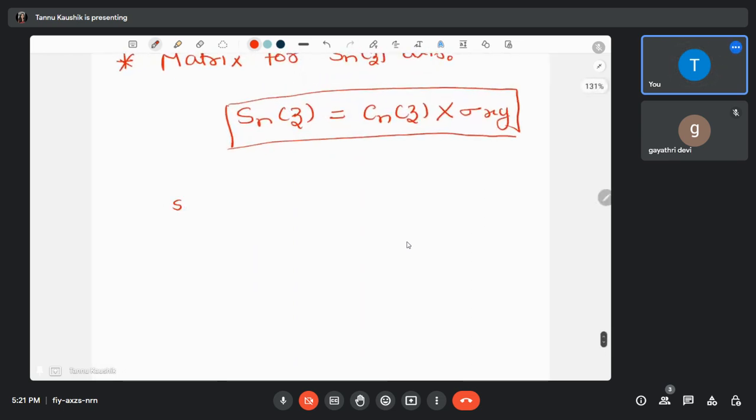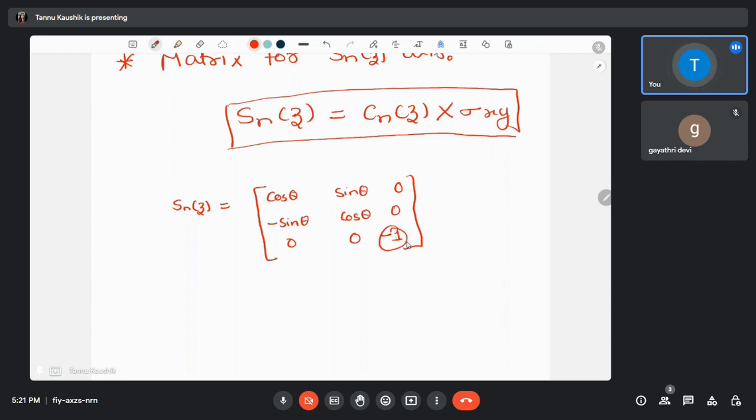So the general matrix for this Sn will be cos theta, sin theta, 0, and so on.